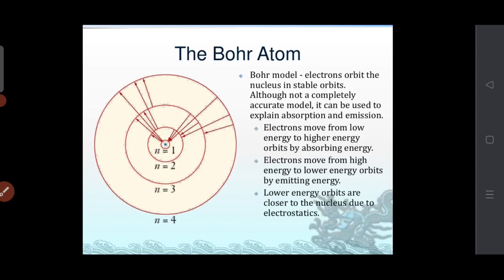According to Bohr's model, the electron orbits the nucleus in a stable orbit. How?